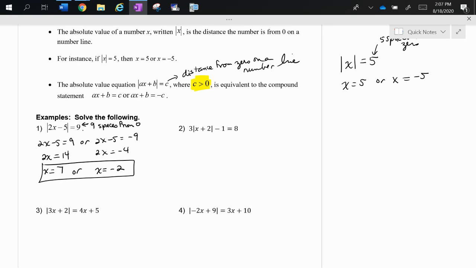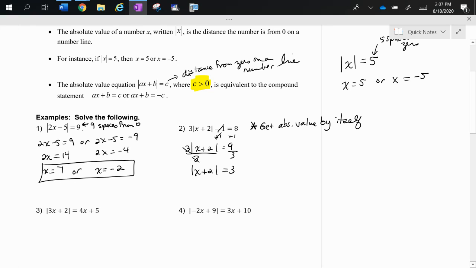Okay, sometimes we have things on the side with the absolute value sign. So the first thing we have to do in this case is get the absolute value by itself. That's the first step. So we're going to add 1 to both sides, and divide both sides by 3. Then we'll end up with the absolute value of x plus 2 is equal to 3.